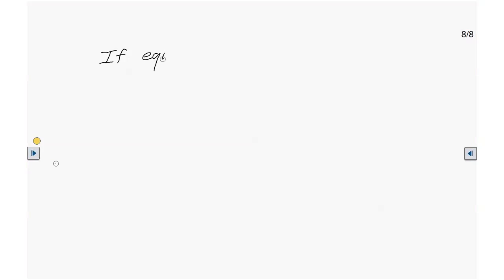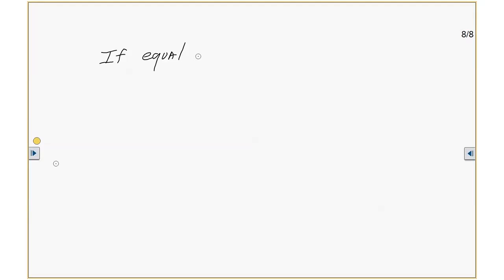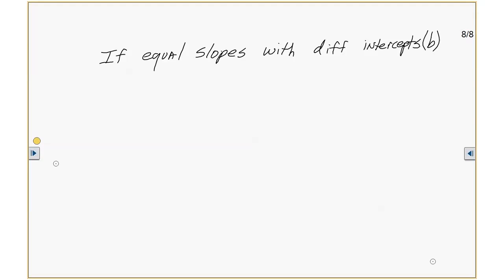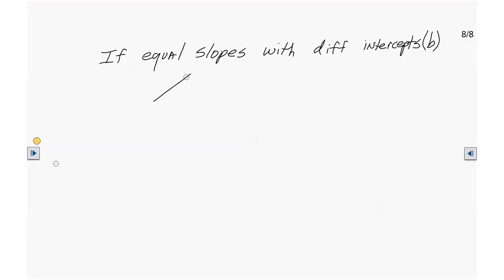if you have equal slopes with different intercepts, which is your B, then you have parallel lines.